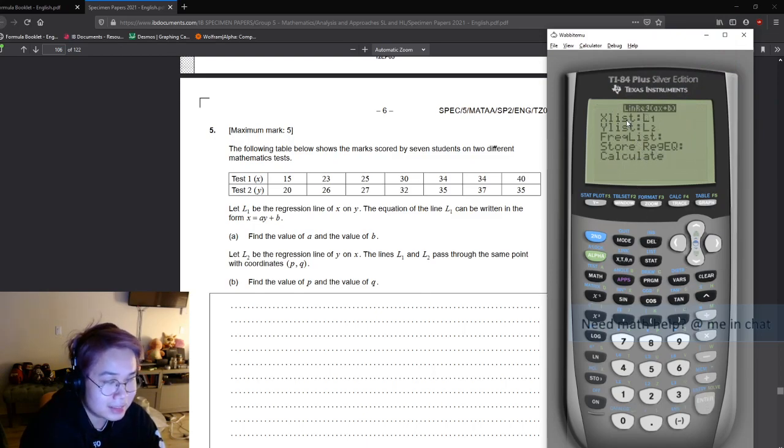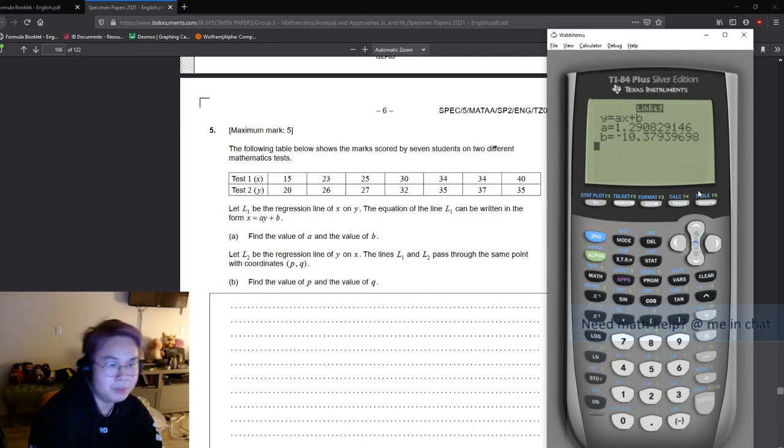The x list, notice that in our equation, we want the x list to be the y values, which was list number 2. So we got to clear this out, and then list number 2, which is second number 2 right here. And then this one, clear it out. This is second, first one. And then we don't have a frequency list, so calculate this.